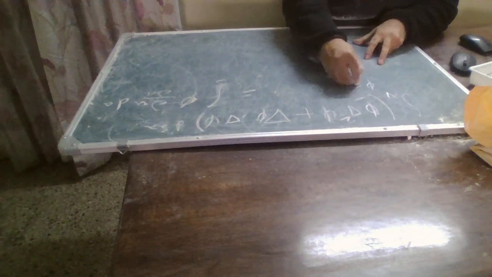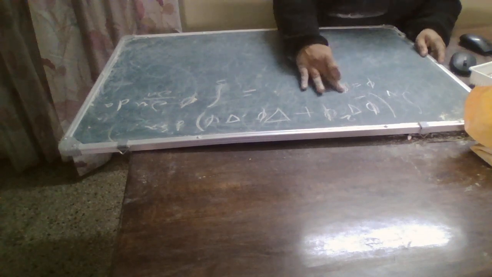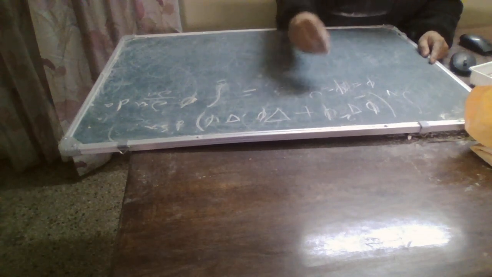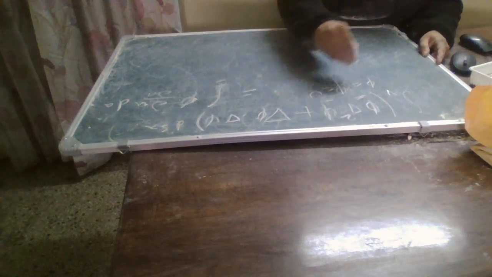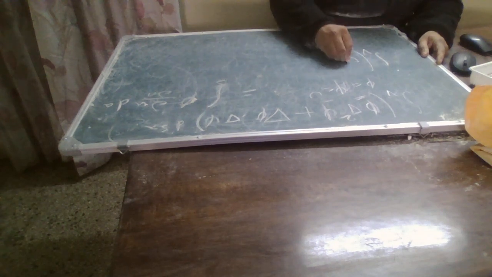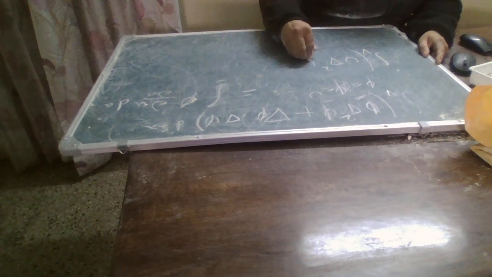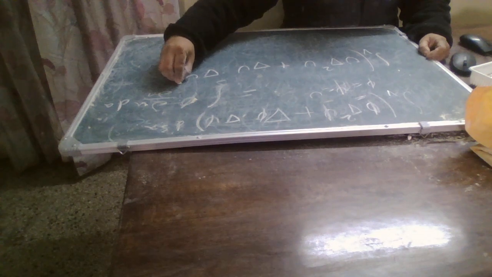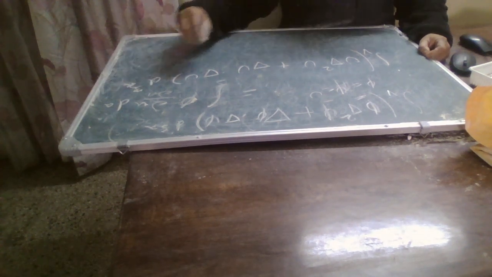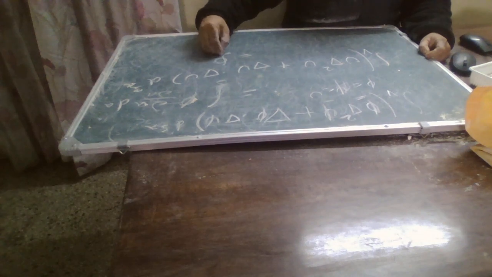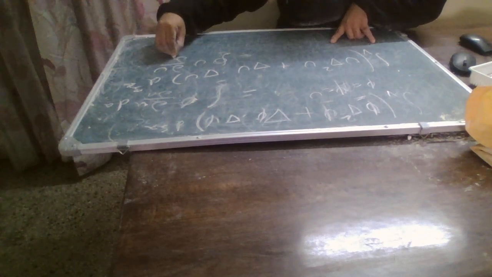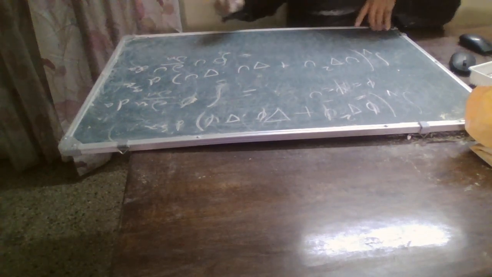From this first identity, if I make the arbitrary scalar fields phi equal to psi equal to u, we can write u del squared u plus gradient u dot gradient u, integrated over V, equal to the surface integral of u times the normal derivative of u, dA.